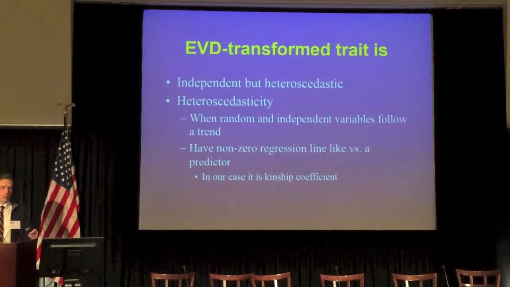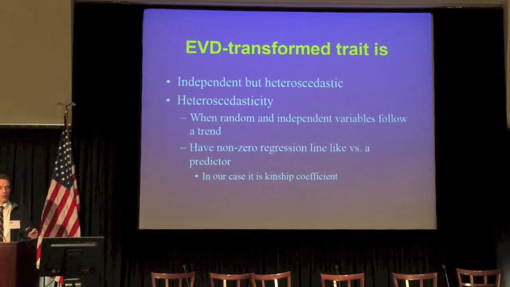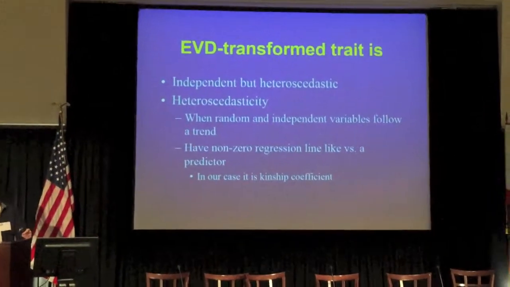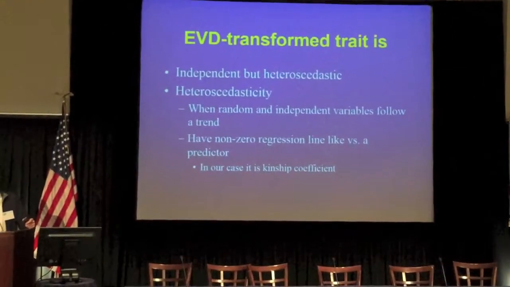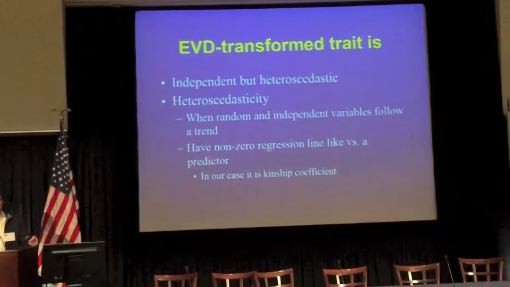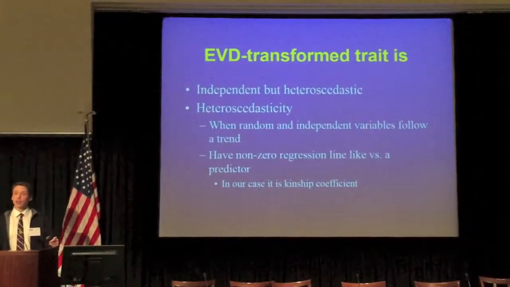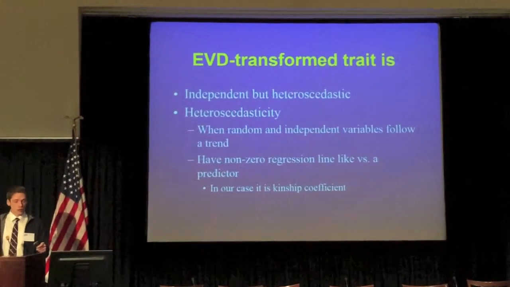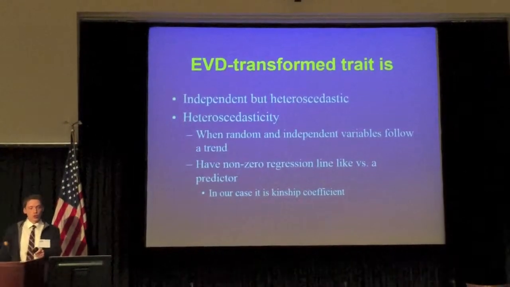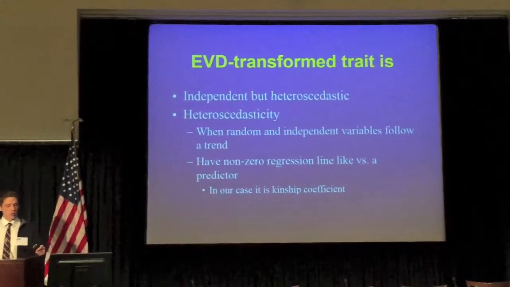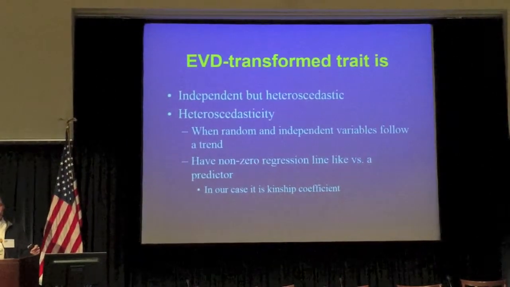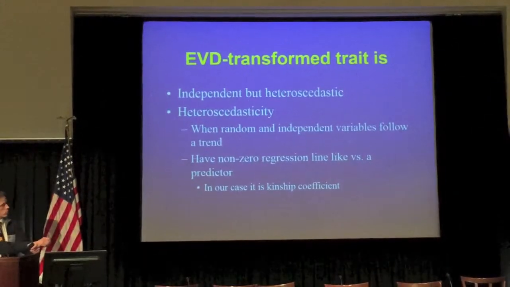Nobody knows the meaning of that term unless you are a really hardcore statistical boffin. Heteroscedasticity is when you have a distribution formed from random and independent variables, but with a trend in it. So you have a completely random and independent distribution, but it has a non-zero regression line versus a predictor. In our case, it would be a kinship coefficient that's represented by the taus.